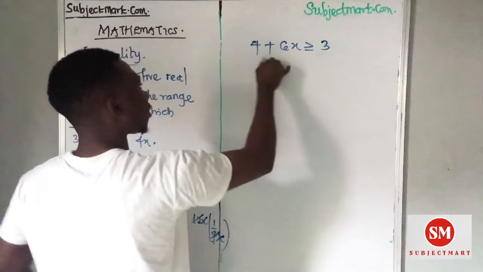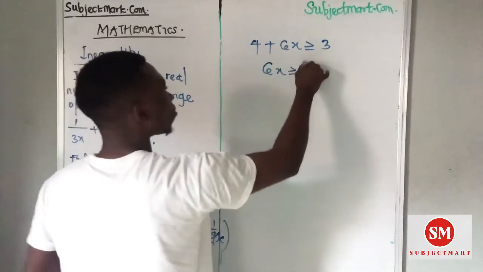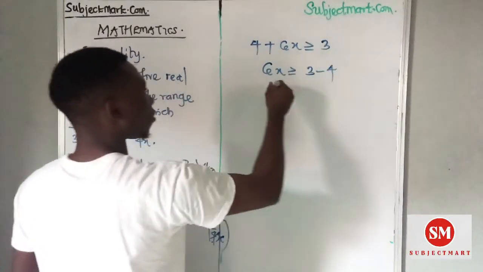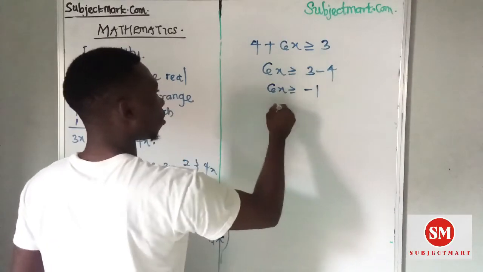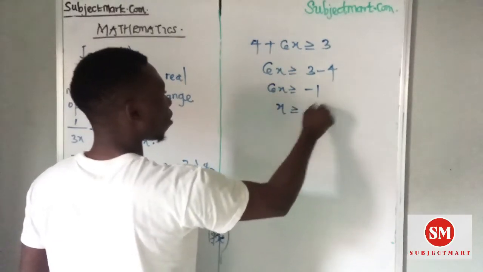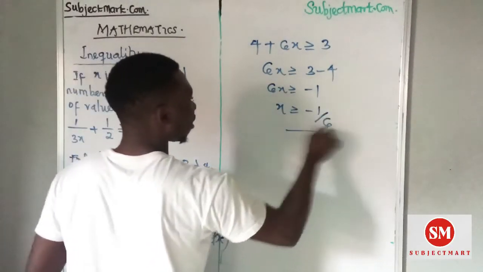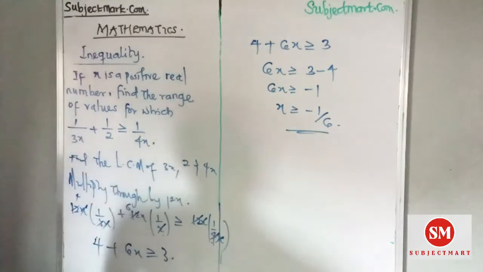Collecting like terms, 6x is greater than or equal to 3 minus 4, so 6x is greater than or equal to minus 1. So x is greater than or equal to minus 1 divided by 6. This is your final answer.